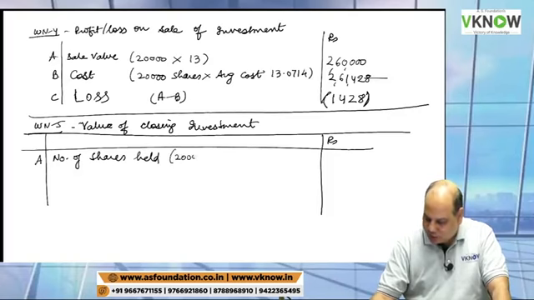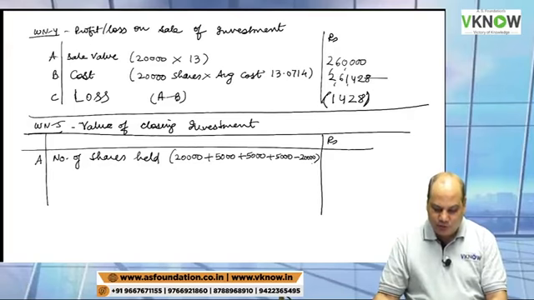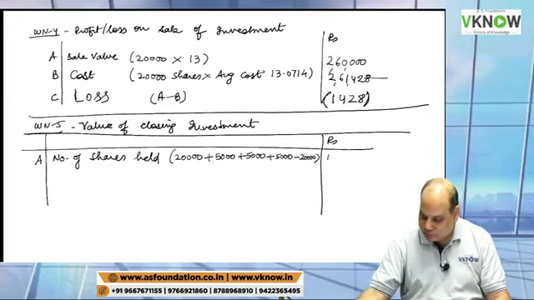Opening balance was 20,000. Purchase 5,000, plus bonus shares 5,000, plus right shares 5,000, minus sold 20,000. So the number of shares held will be 15,000 shares.